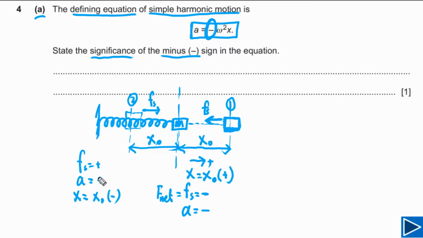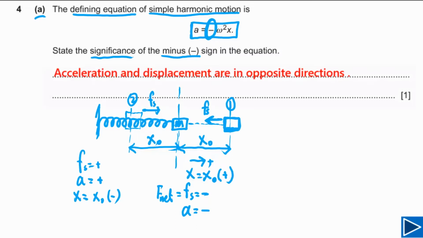So you can say when a is positive, x is negative, and when x is positive, a is negative. So simply we can say acceleration and displacement are in opposite directions at any position, or at any given time. So this is the significance of the negative sign. This is how you can write down your final answer.